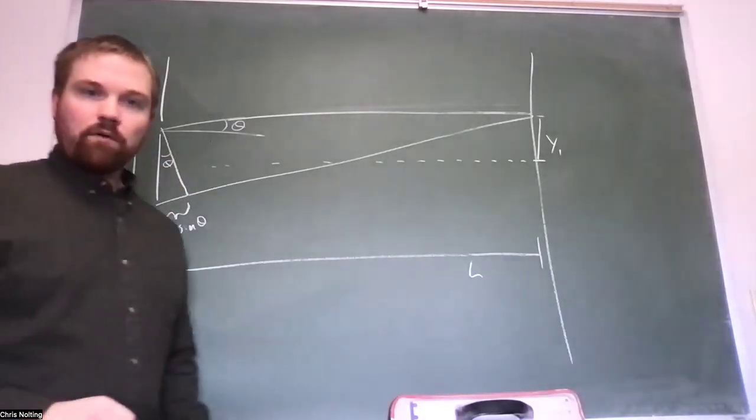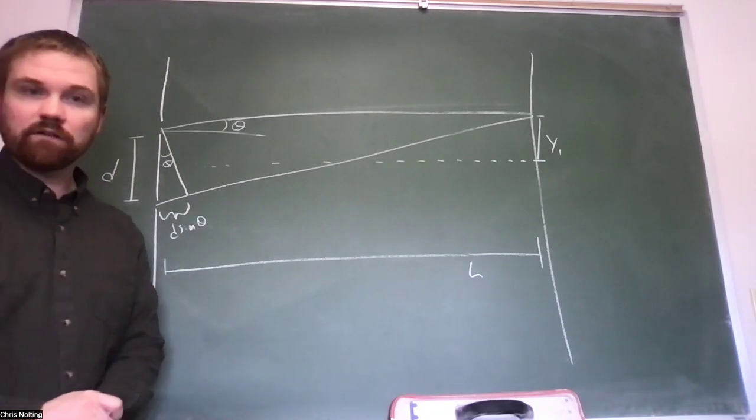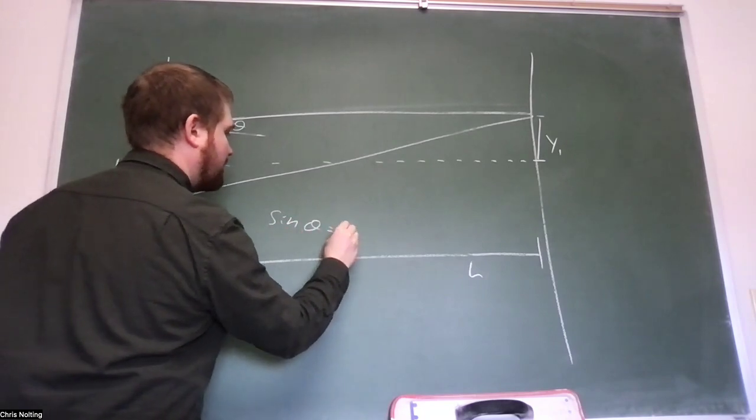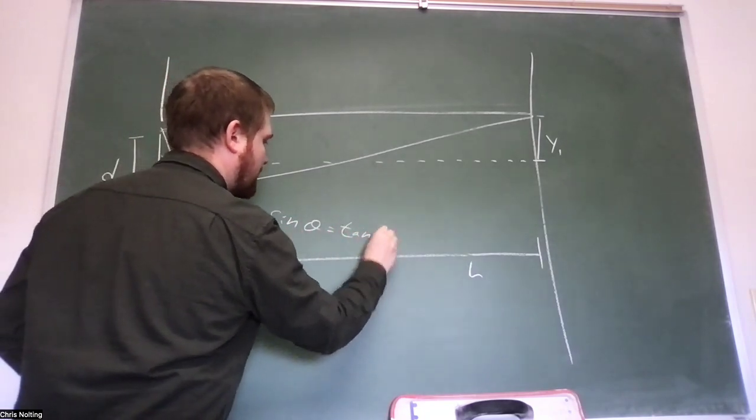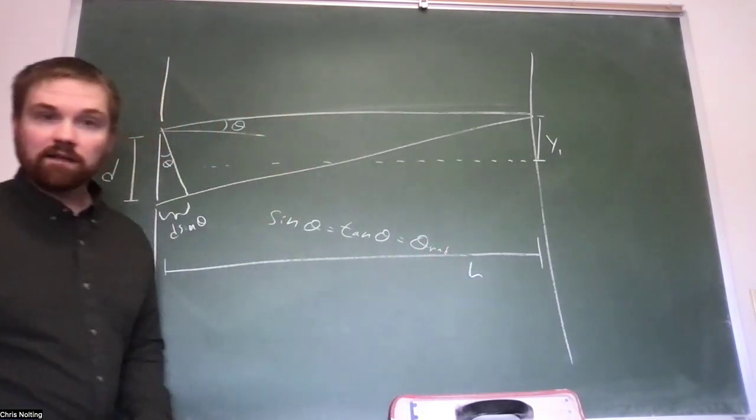Assuming that y is much, much smaller than L, we can make the small angle assumption, where sine theta is approximately tangent theta is approximately theta when we measure theta in radians.